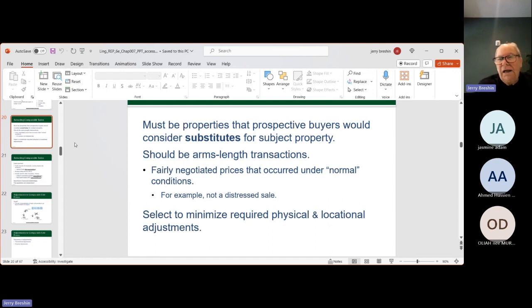When two people negotiate the price of a home, of a property, it's simply called an arm's length transaction. Arm's length means the buyer and the seller are close to each other, at arm's length, discussing the value of a particular property. It's done between two parties in negotiation, as opposed to property being given to you as a gift, for example.